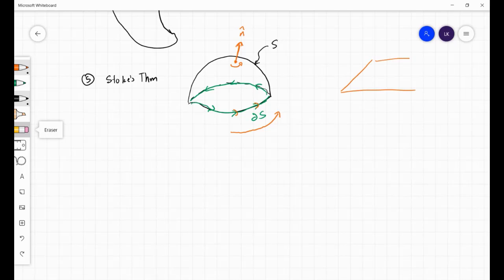So in particular, let's say you have some area and you want to do a work integral over the bounding curve that way. If you use your right-hand rule, your fingers would curl that way, so your thumb would be pointing down, so that the normal would have to be pointing down. So the normal for the surface has to match the orientation of the bounding curve.